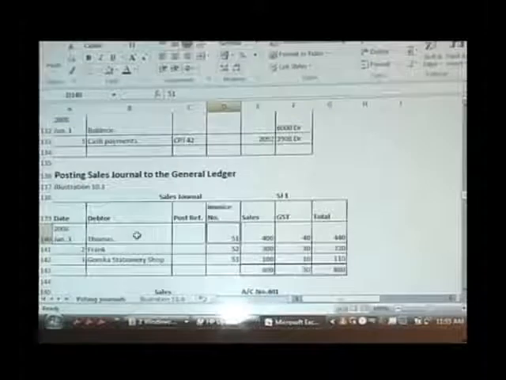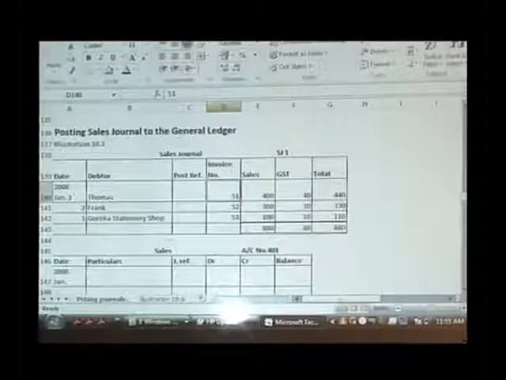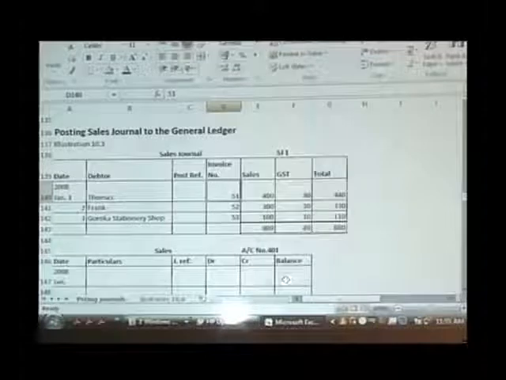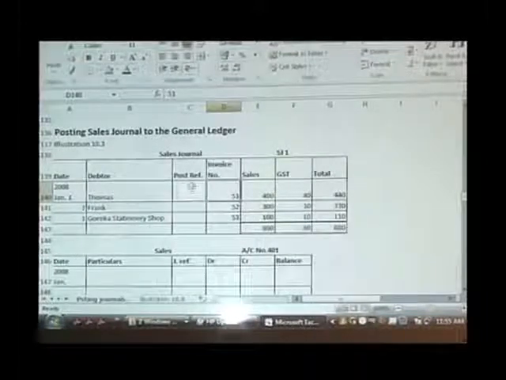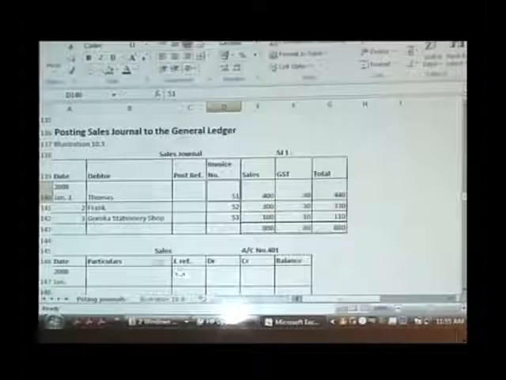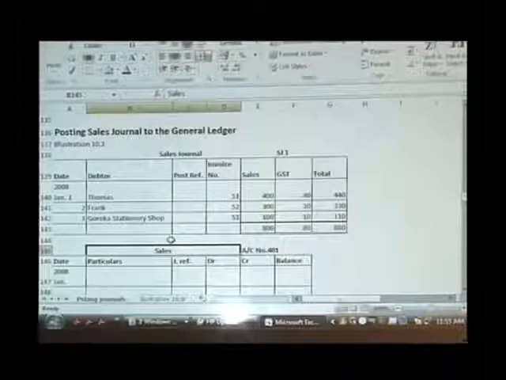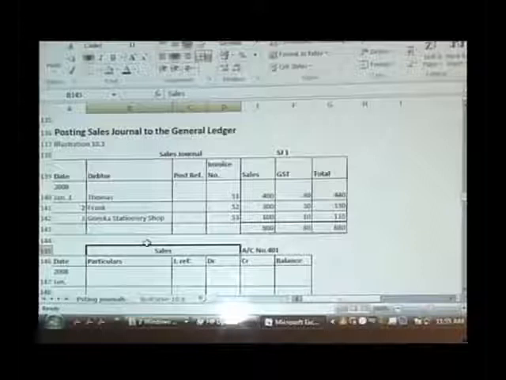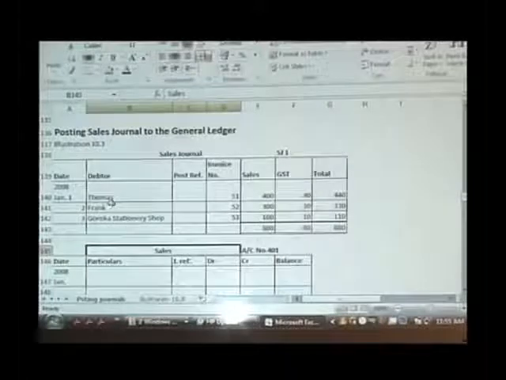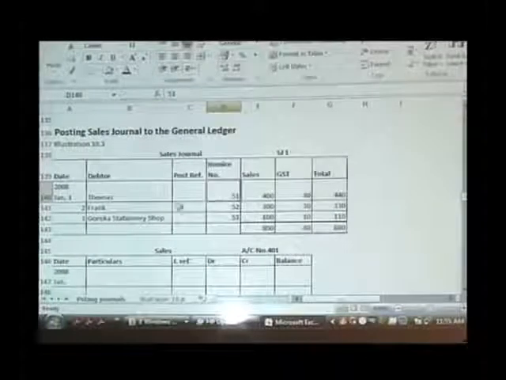So now the next step is to open up the ledger accounts. I have done it already. Now we will learn how to post these items to the general ledger. No opening balances are given, so we can post these items straight away.